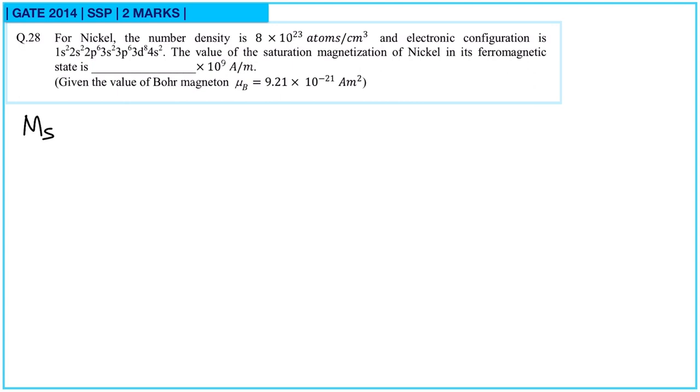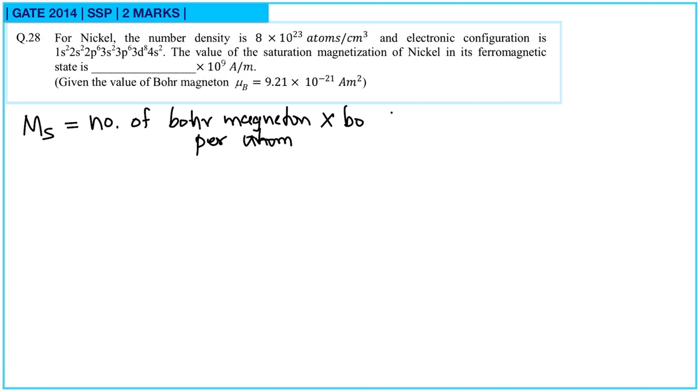So that will be the maximum value, and this is given by Ms, that is saturation magnetization, equal to number of Bohr magneton per atom into Bohr magneton into number density.